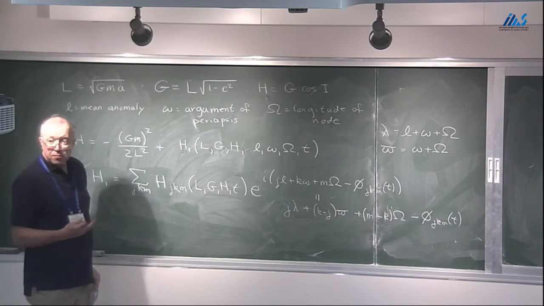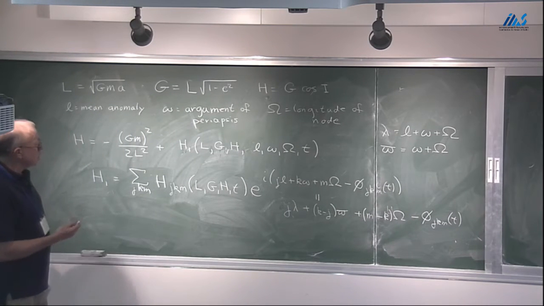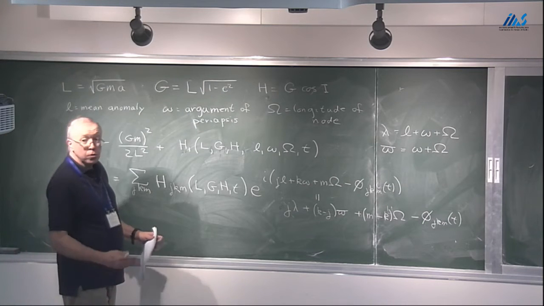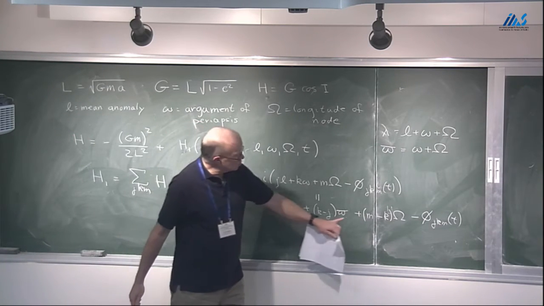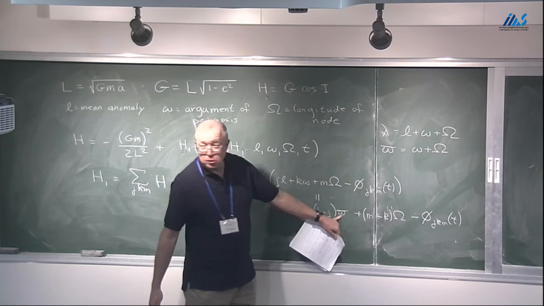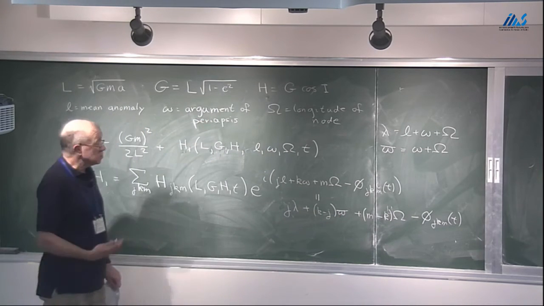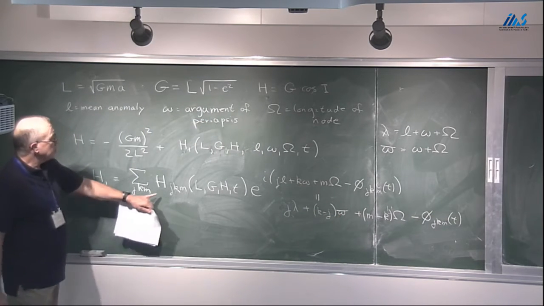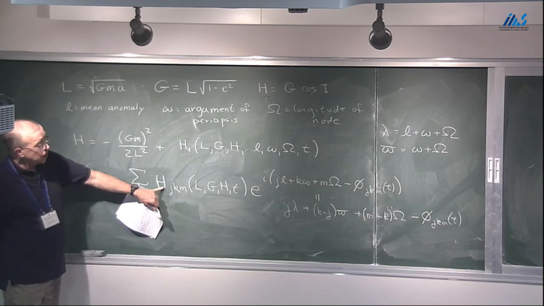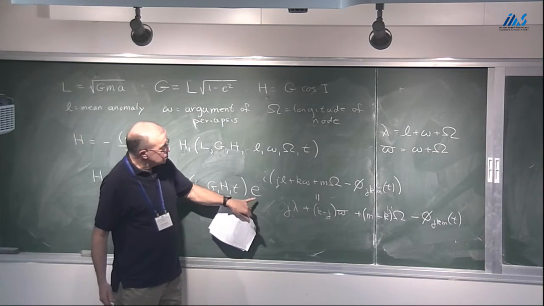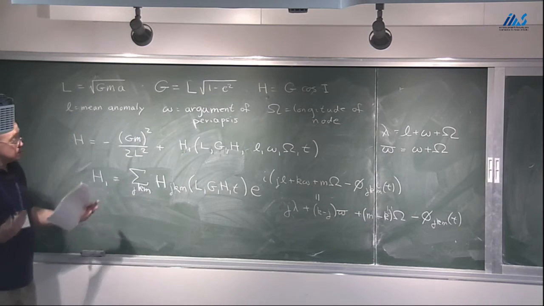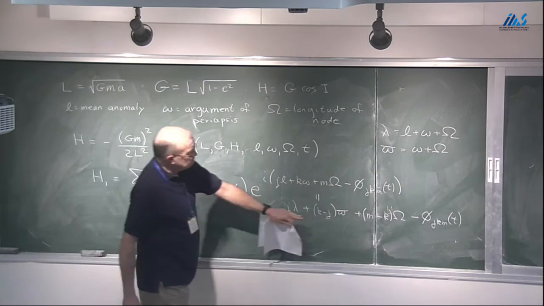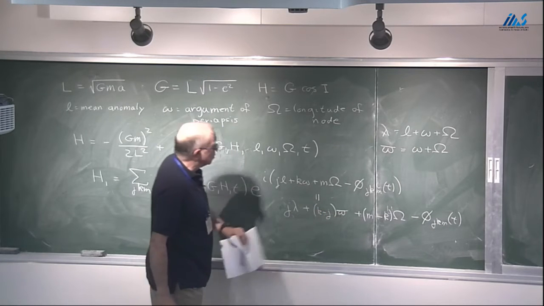Okay, so the next simplification is to recognize that if the orbit's circular, all of these variables are defined, but not the longitude of periapsis, because there is no periapsis. But if this Hamiltonian is to make sense as a physical quantity that depends on coordinates, in that case it can't depend on omega.